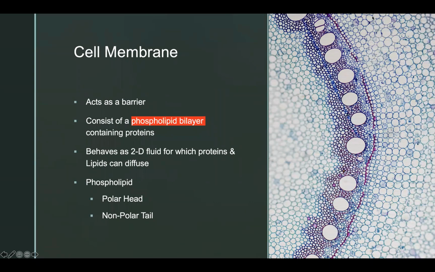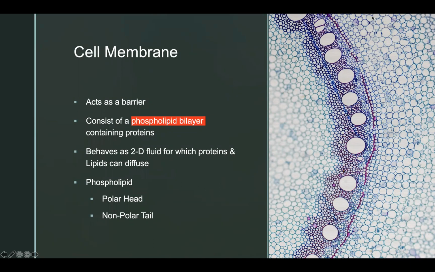Structurally, this cell membrane consists of a phospholipid bilayer, right? We established this structure as a phospholipid bilayer that has proteins embedded throughout, right? And so this phospholipid bilayer behaves as a 2D fluid structure across which proteins and lipids can diffuse, okay, and other substances, all right?